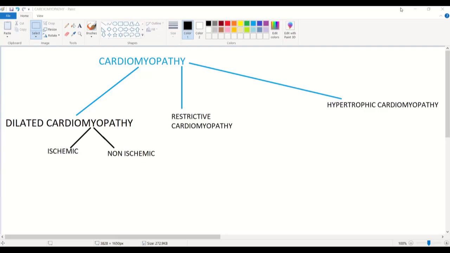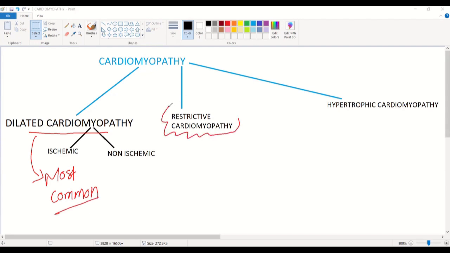So the cardiomyopathies are mainly divided into three types. The dilated cardiomyopathy, which is most common. Next is restrictive cardiomyopathy, and last one is hypertrophic cardiomyopathy.